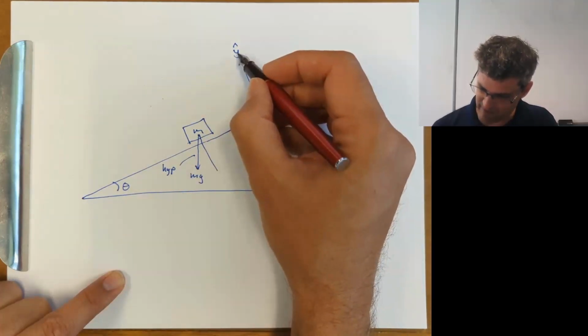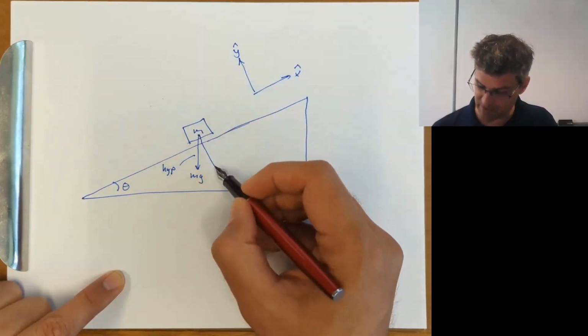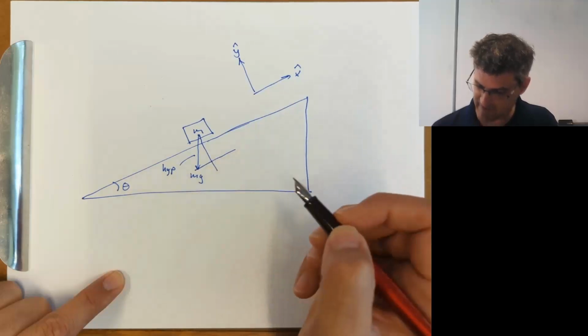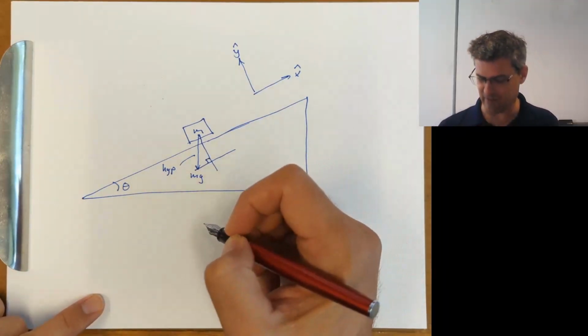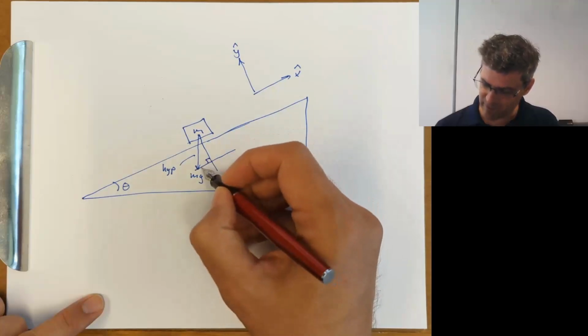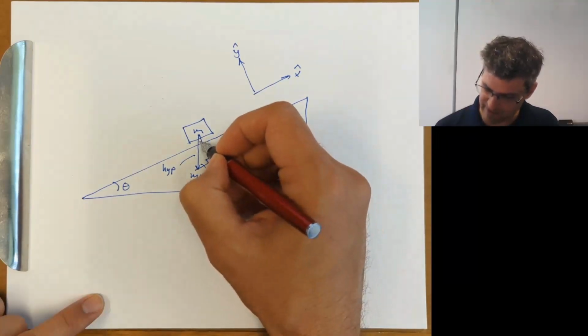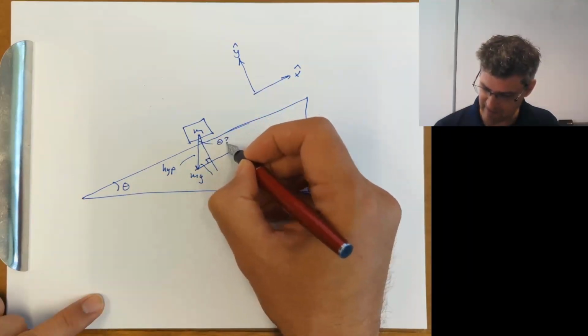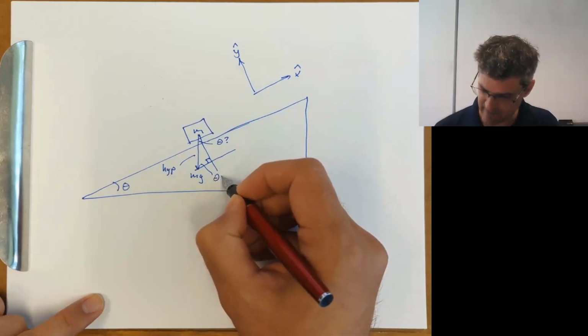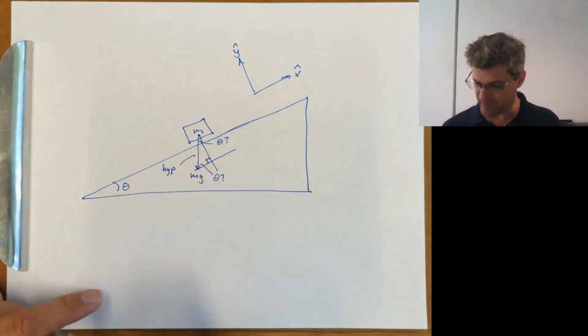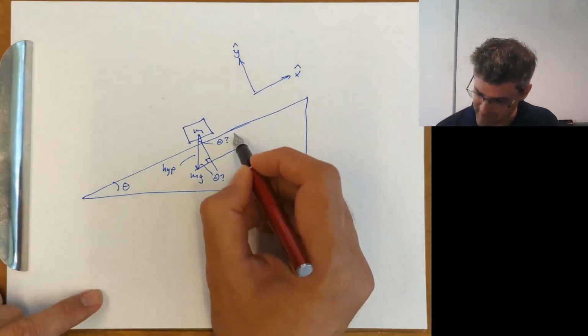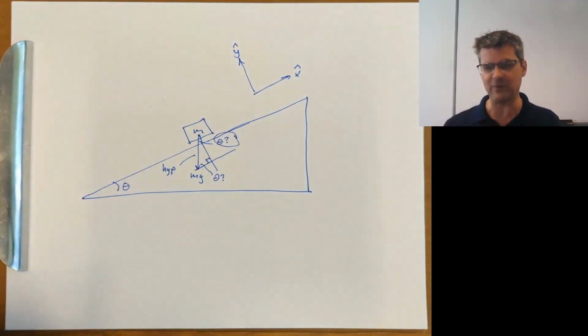So I draw some line parallel to y. I draw some line parallel to x. That makes this a right triangle. But then we have to figure out, well, which of these angles is theta? I'm not exactly sure.